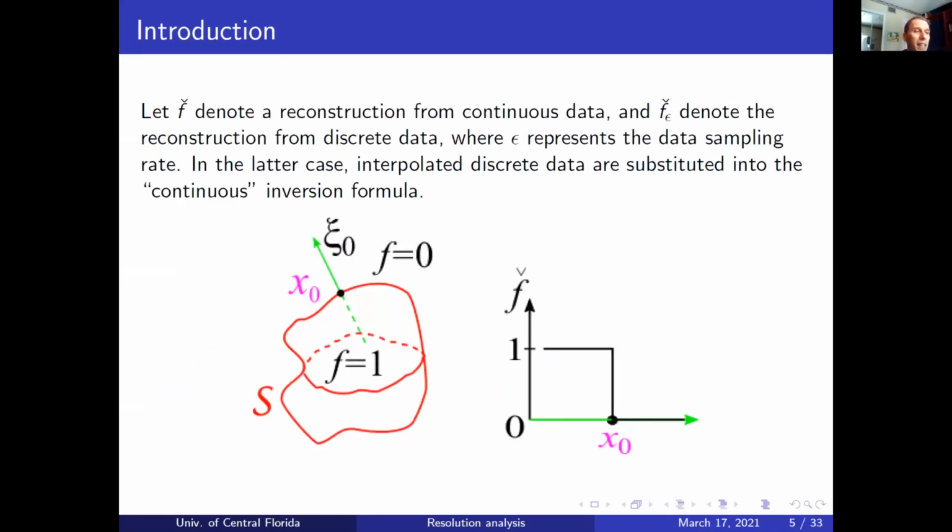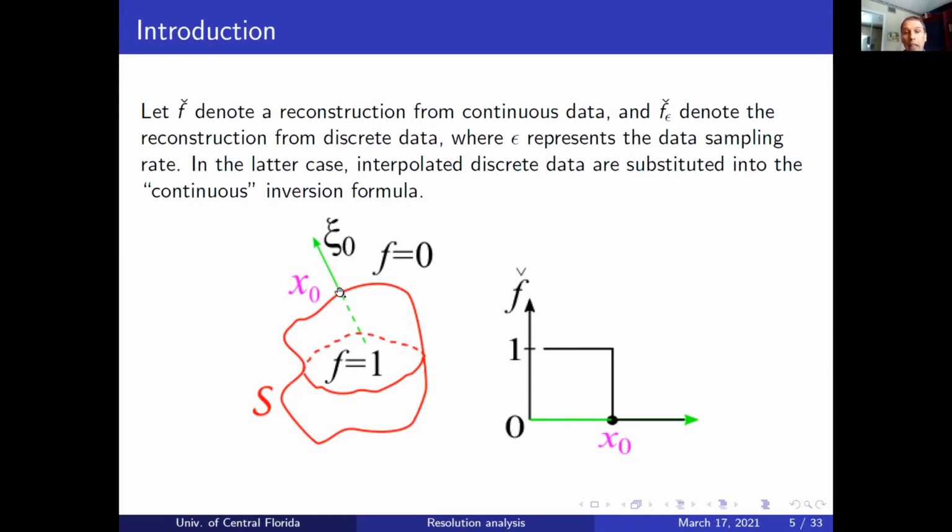To illustrate the ideas, consider a simple example, exact inversion of the classical Radon transform in R3. We assume that F is particularly simple, piecewise constant: it equals 1 inside a domain bounded by the smooth surface S and equals 0 outside.